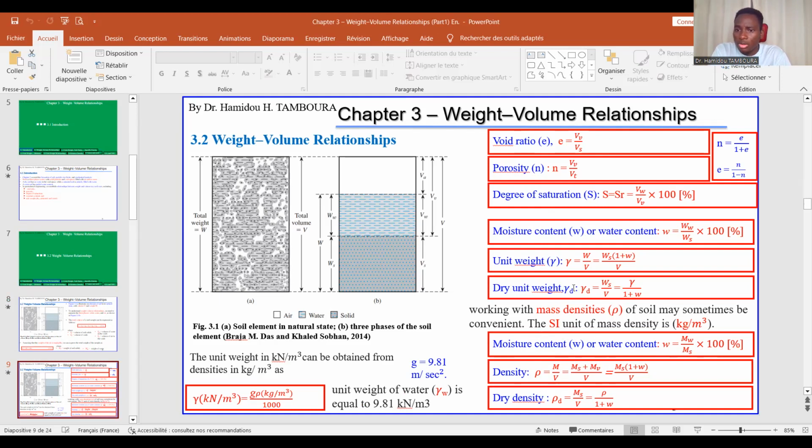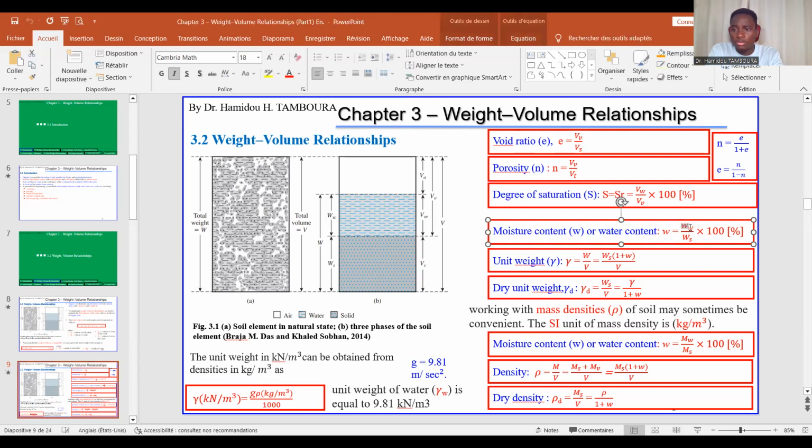So the water content can be obtained from the weight of water divided by the weight of the grain soil, the solid phase of the soil. And we can also use mass: mass of water divided by mass of dry soil. And instead of unit weight, we can use density.